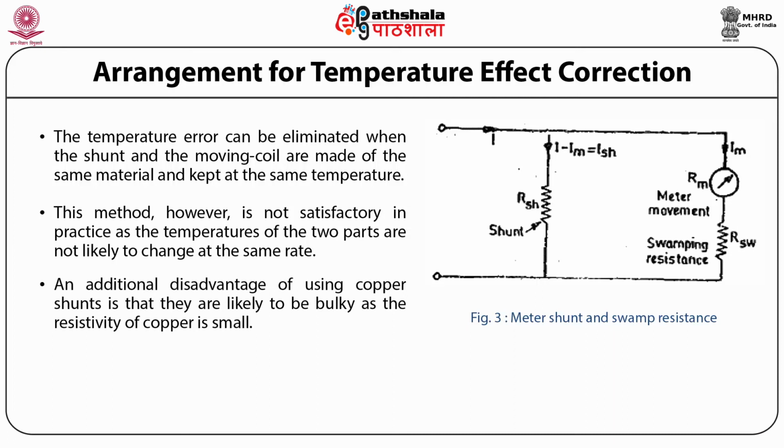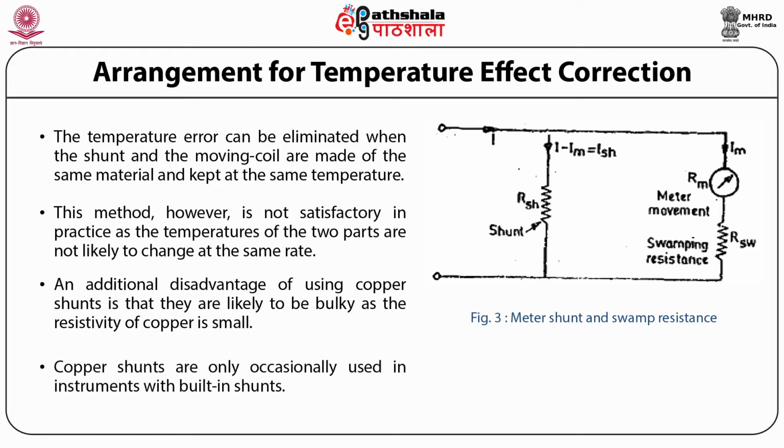An additional disadvantage of using copper shunts is that they are likely to be bulky, as the resistivity of copper is small. Copper shunts are only occasionally used in instruments with built-in shunts.